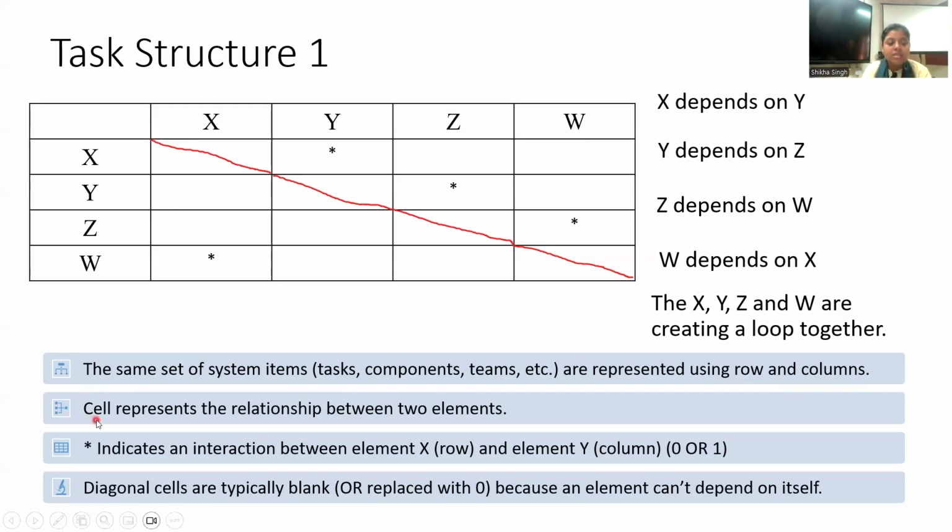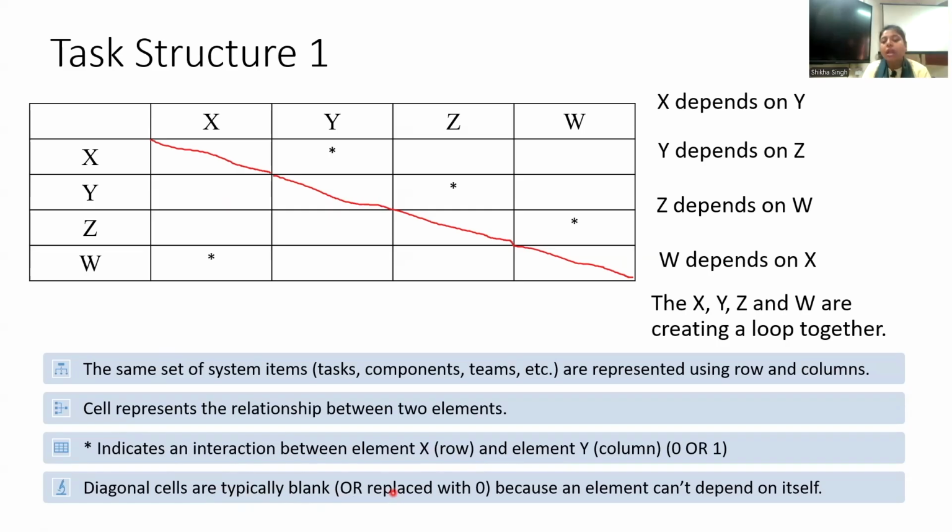Each cell represents the relationship between two elements. If it is blank, it is mentioned. A star indicates an interaction between row elements and column elements. If there is a relationship, we put it as 1. If not, it is 0. Diagonal elements are the cells expressing the interdependencies on itself, which can be expressed as zeros.